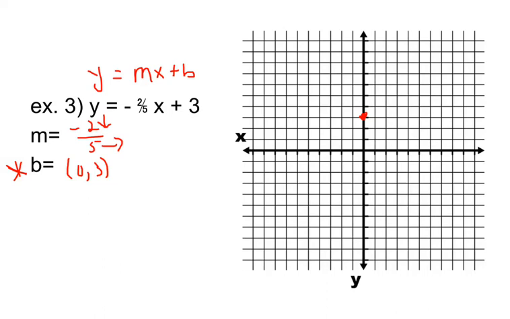We're going to go down 2, and then 1, 2, 3, 4, 5 to the right. And then do it again. Go down 2, 1, 2, 3, 4, 5 to the right. Okay, and then draw your line. Yikes. Use a ruler. This is why. Use a ruler. That doesn't look so hot.